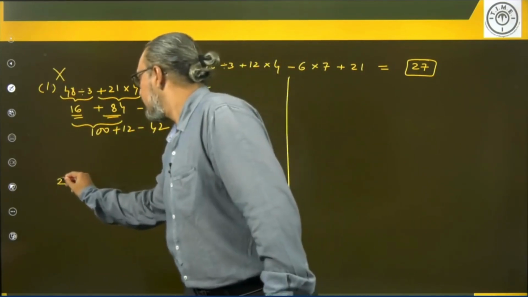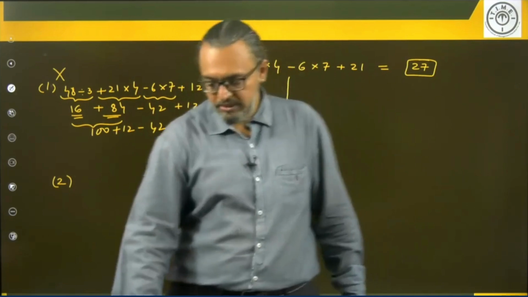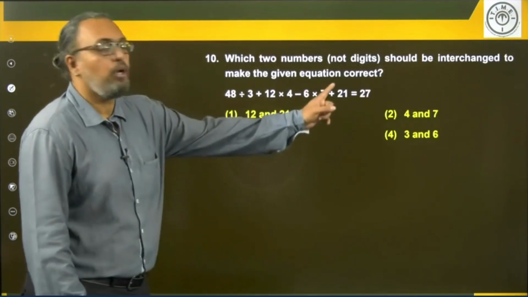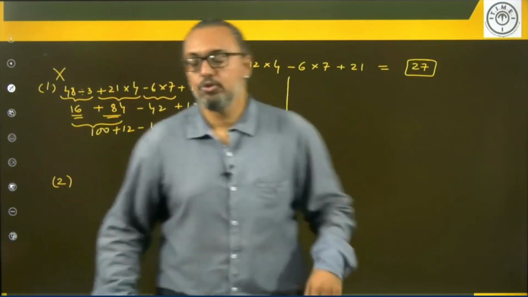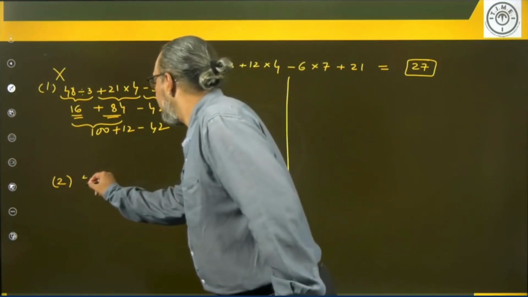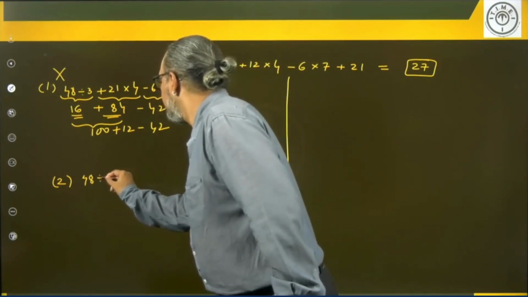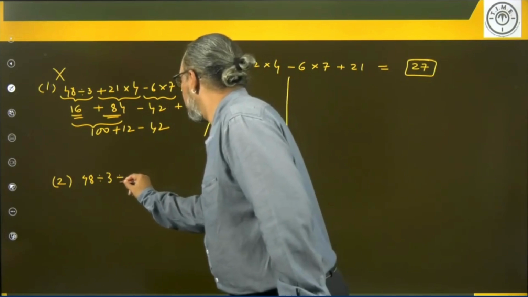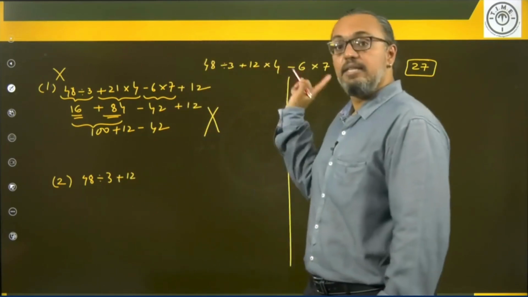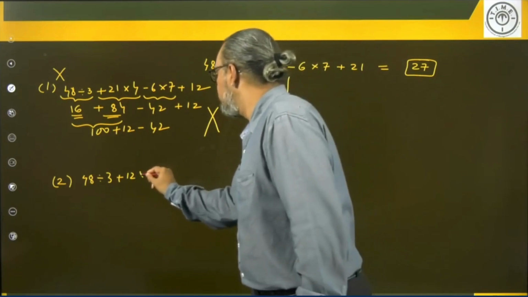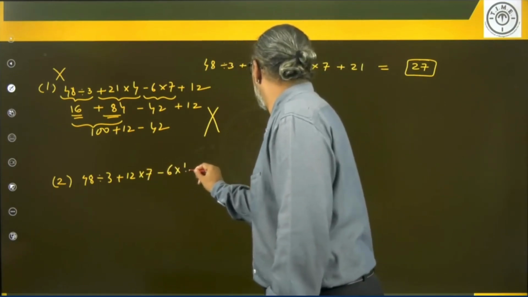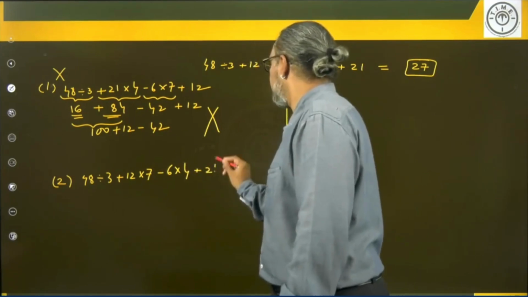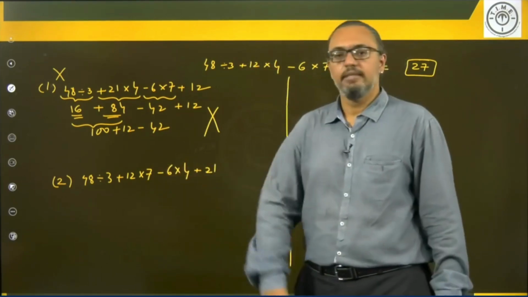Okay. So, let us take the second option. Now, what is the second option? We have 4 and 7. You exchange now 4 and 7. Now, we have 48 divided by 3 plus 12 into 7, then minus 6 into 4 plus 21. Now, how much will I get?